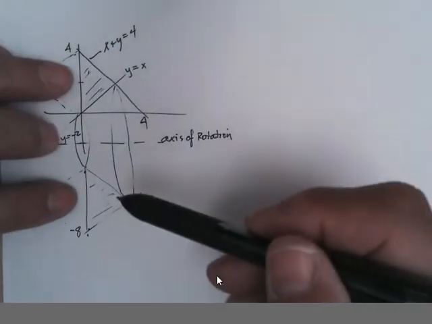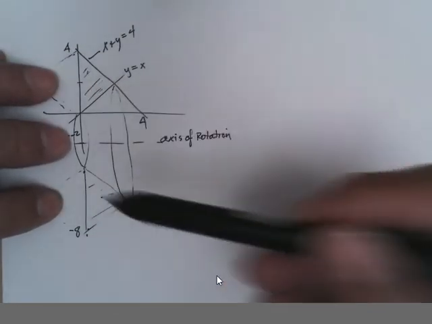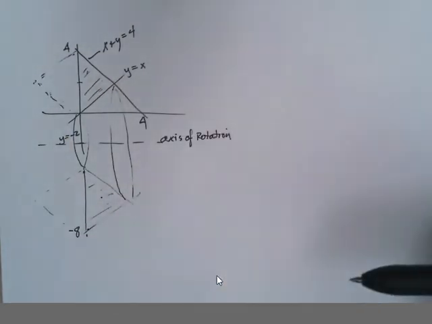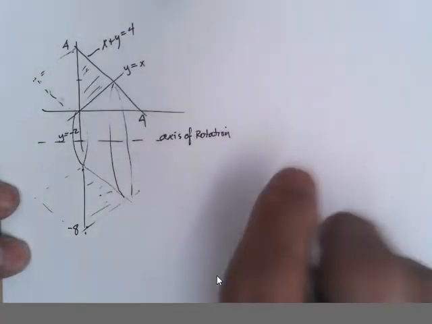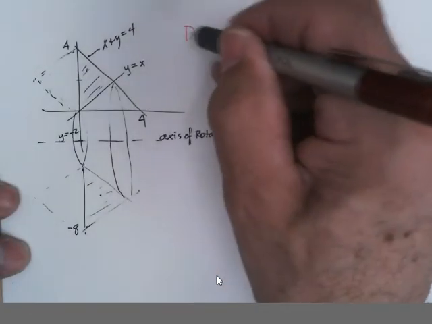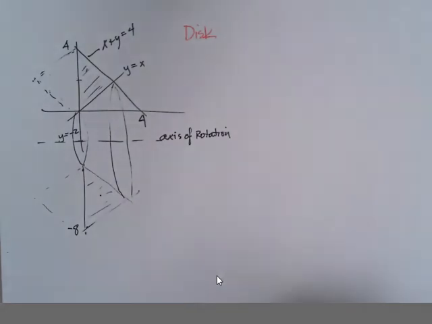Now, instead of working with the whole bracelet, I'm going to figure out the volume of half the bracelet and then double the answer to keep the problem simpler. Now, I can do this ring method or disc method. I want to do both. Let's first do the disc method, and I'll do that in red.